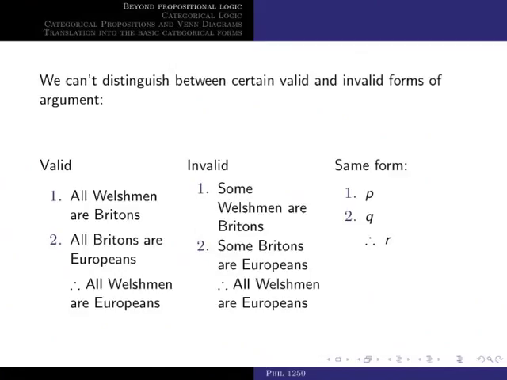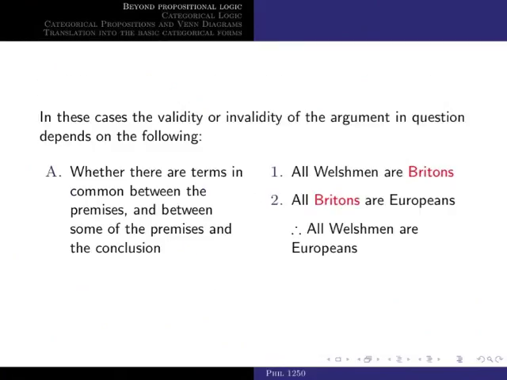So propositional logic, while it works very well for a certain material, has its limitations. Let's look more closely to see why, in particular, propositional logic fails at detecting validity in this case.